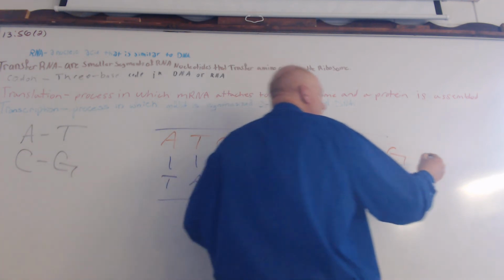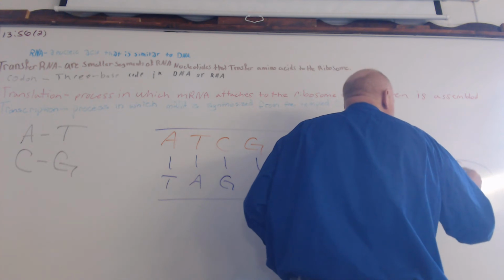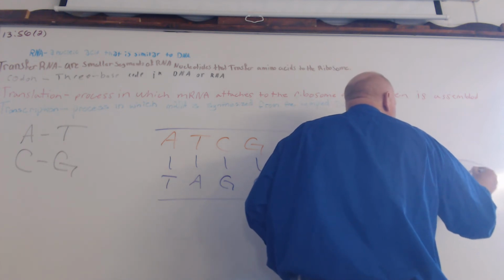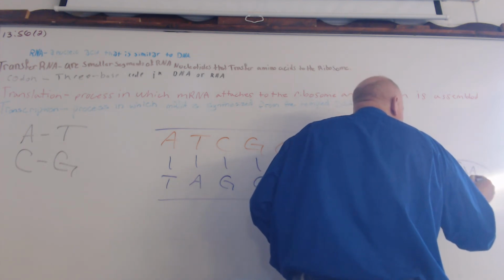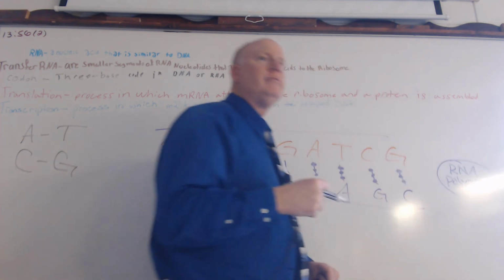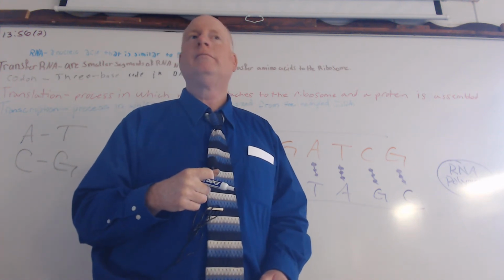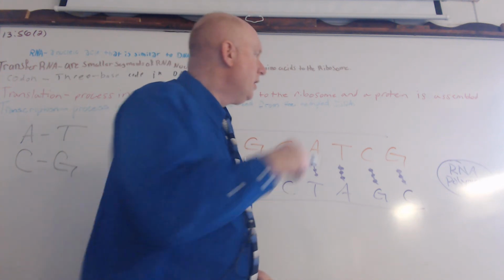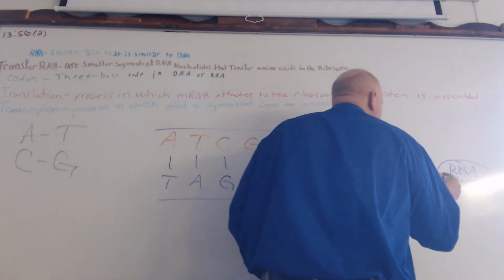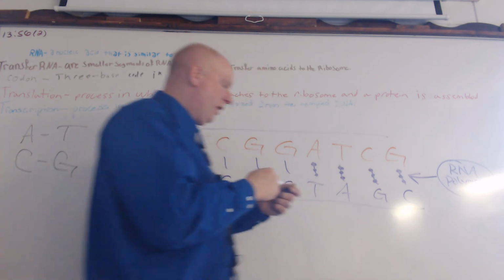So in this case, you have not DNA helicase, but rather RNA polymerase. Is that one of your vocab terms? It is. So this RNA polymerase is also an enzyme that's going to break this apart.